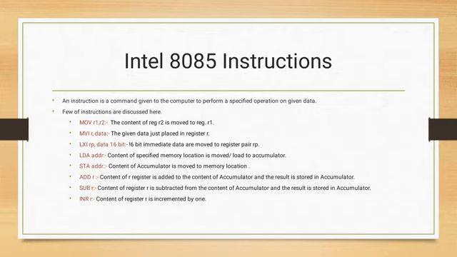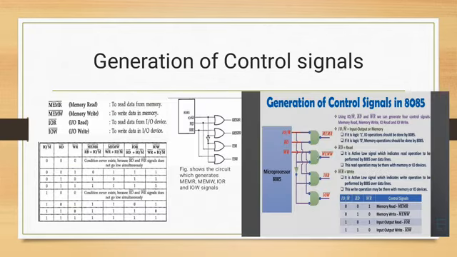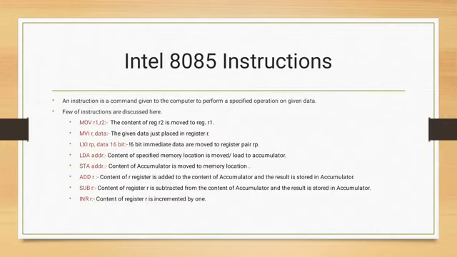So what does it mean? The content of register R2 is transferred to R1. Instead of R1 or R2, we can take any arbitrary registers given in the 8085: B, C, D, E, H, L and the accumulator A. The next one is MVI R, data.